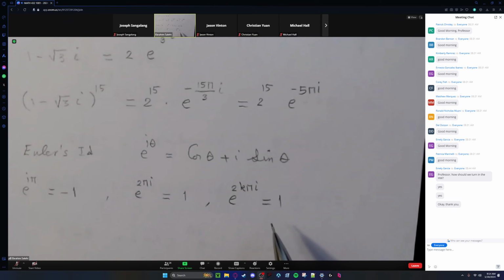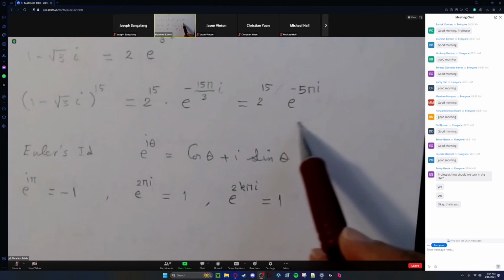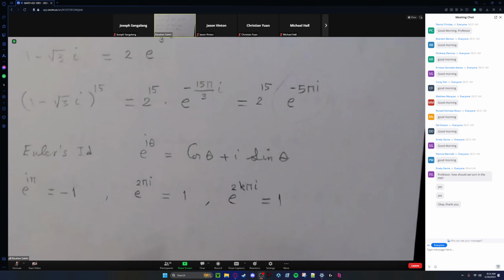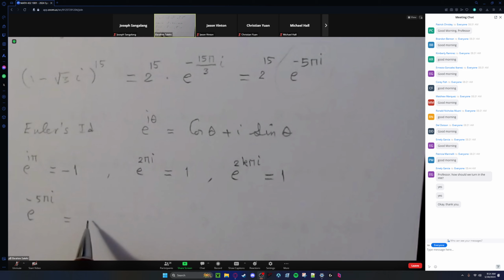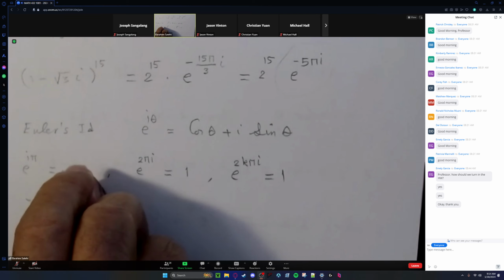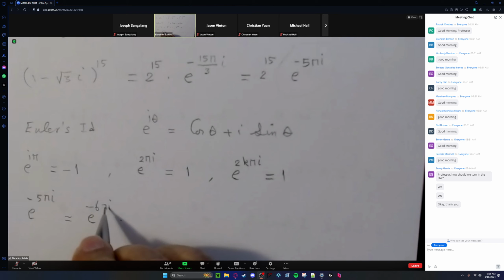So here, going back to this, you can write e to the negative 5 pi i as negative 4 pi i, or I can even write it as negative 6 plus pi i.